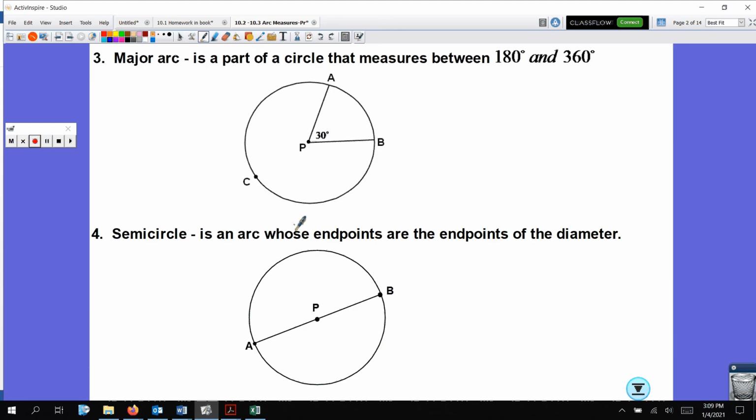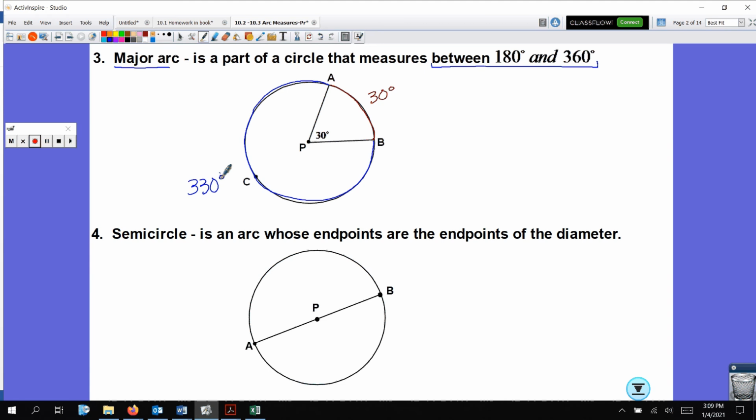A major arc is the part of the circle that measures between 180 degrees and 360 degrees. So a major arc would be all the rest of this, right? We all know that a circle is 360. Well, if we subtract what we already know, that this part is 30, then the major arc would be 330 degrees, which is between 180 and 360.